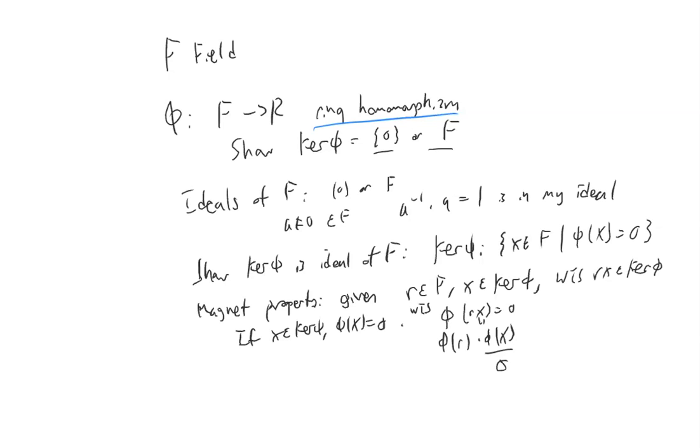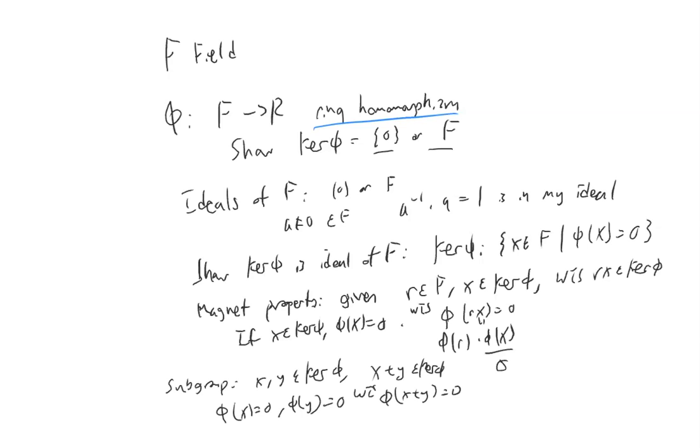Then it's a subgroup under addition because if x and y are in kernel phi, I need to show x plus y is in kernel phi. This just means phi of x is 0 and phi of y is 0, and I want to show phi of x plus y is 0. Phi of x plus y is phi of x plus phi of y, so that's 0 plus 0, which is 0.